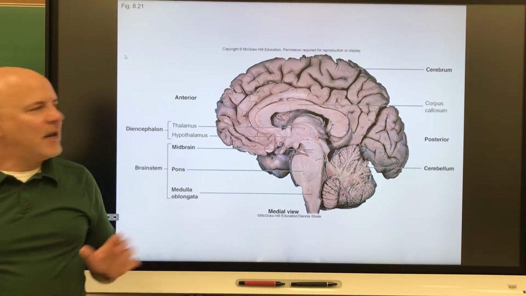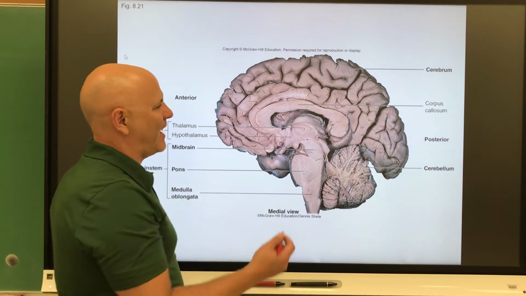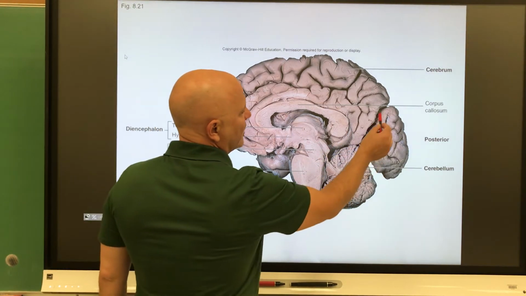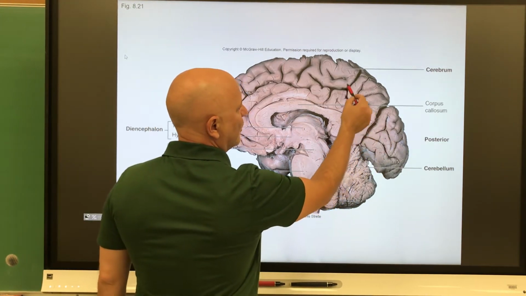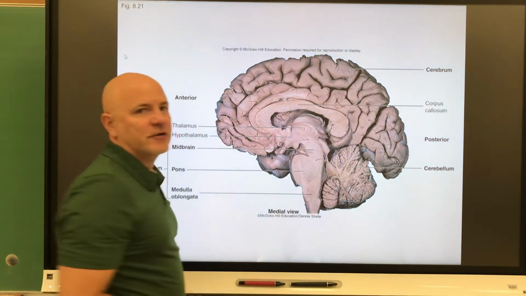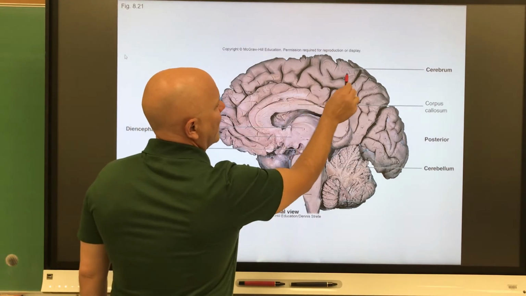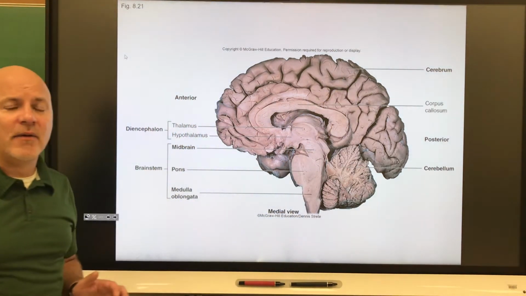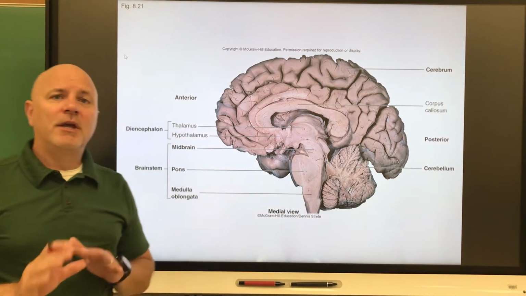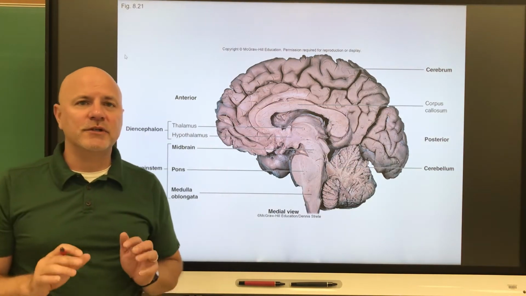All right, now when we look at a brain, we not only have that fissure, but we have shallow grooves in there, which you see all over the place, and those shallow grooves are called sulci. All right, and then we have ridges right there and there and there, and those ridges are called gyri, okay? Now, here's the reason why we have those ridges and grooves.